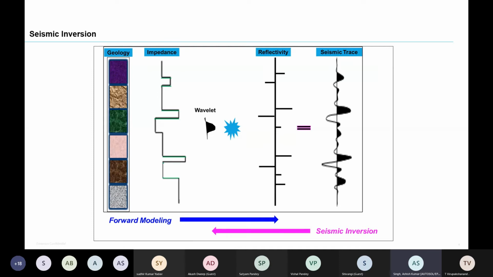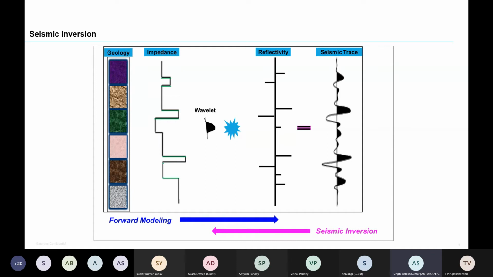But be careful: in forward modeling, you know your inputs, like impedance, reflectivity, and the wavelet. When we get output from known inputs, this is called forward modeling or synthetic generation. You can generate so many models and generate the seismic traces.